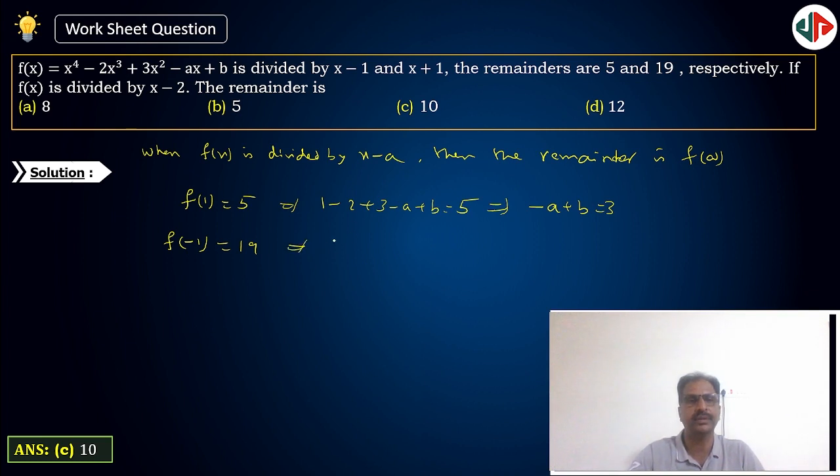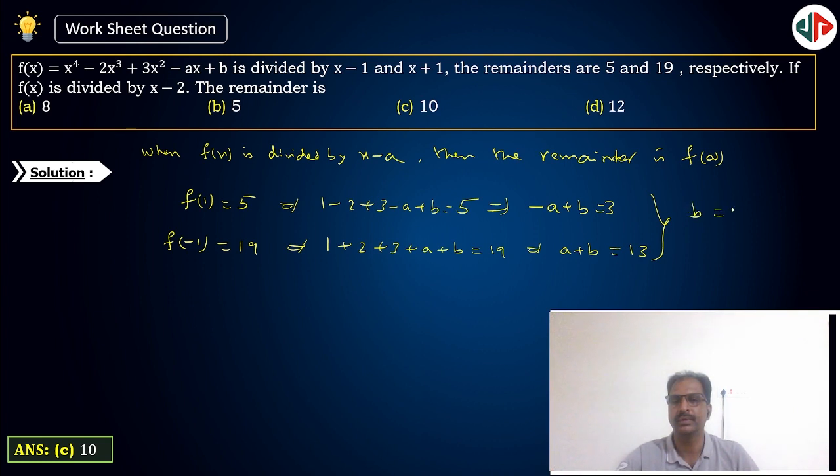F of minus 1 means 1 plus 2 plus 3 plus a plus b is equal to 19. From this, a plus b will be equal to 13. By solving these two, you will get b as 8 and a as 5.